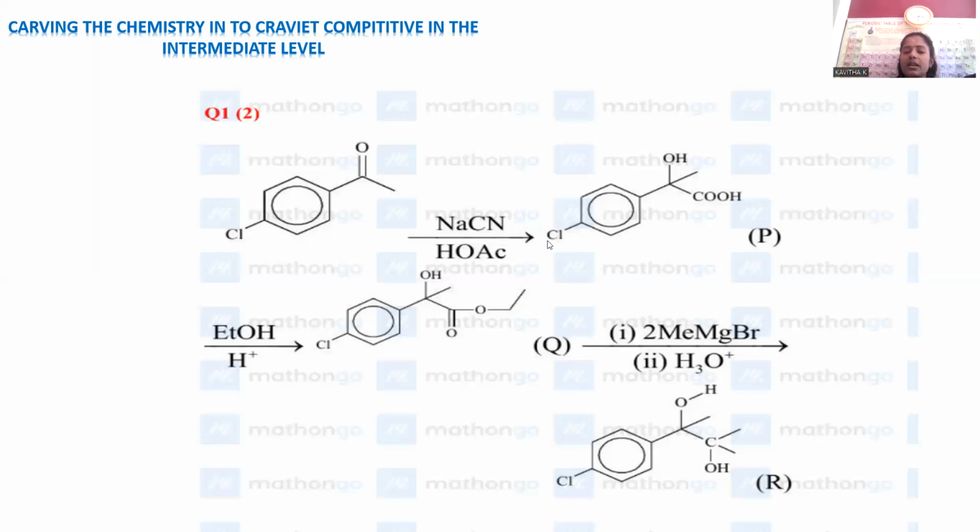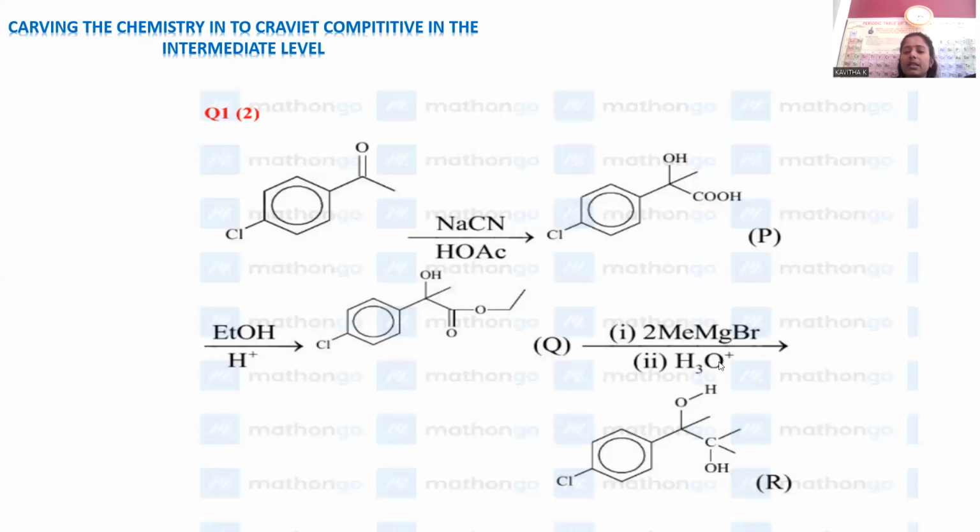The negatively charged methyl attacks the carbonyl carbon and the bond is polarized toward the oxygen, and we will get OMgBr. OMgBr will be obtained. Another mole of methyl magnesium bromide will react. Subsequently, the ethoxy group will be removed. We will get dimethyl substitution, and on this oxygen you can find MgBr.